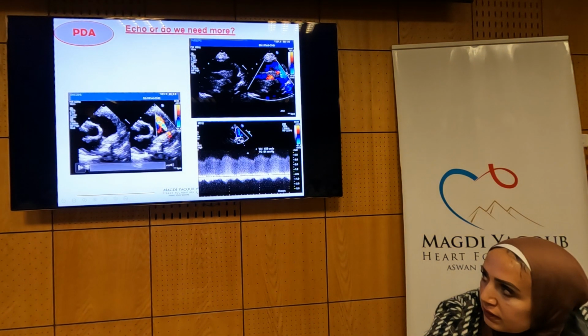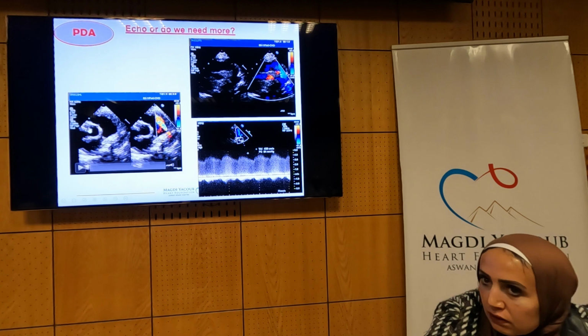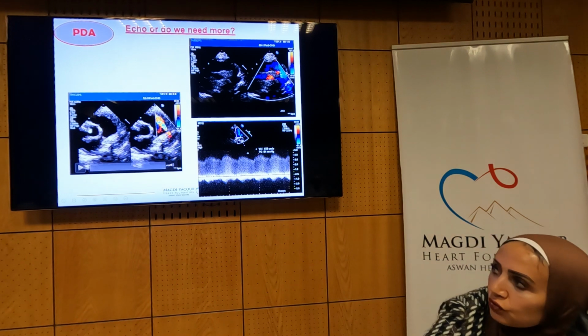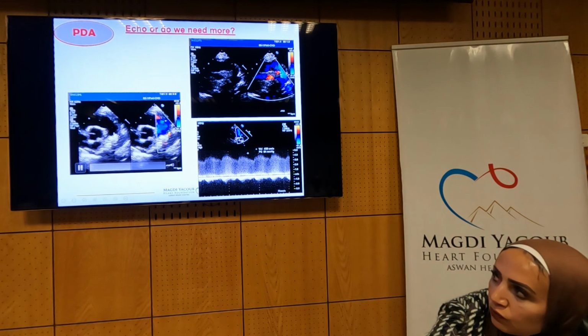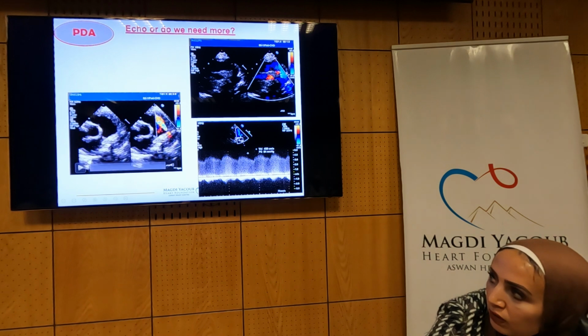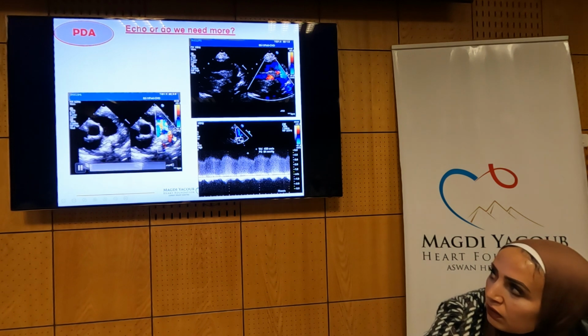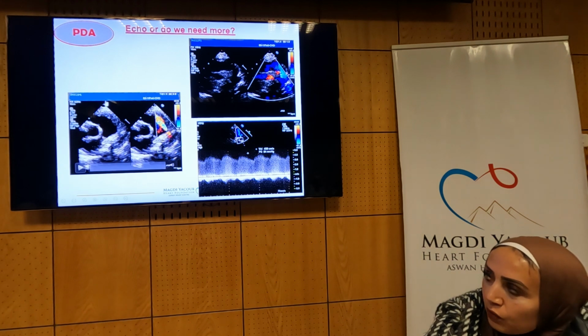This is a short axis echo. So this is not suprasternal, this is a short axis. We have here the aorta and we have here the pulmonary. This is the right one. And on the left one, you find a red flow coming here. This is the probe.